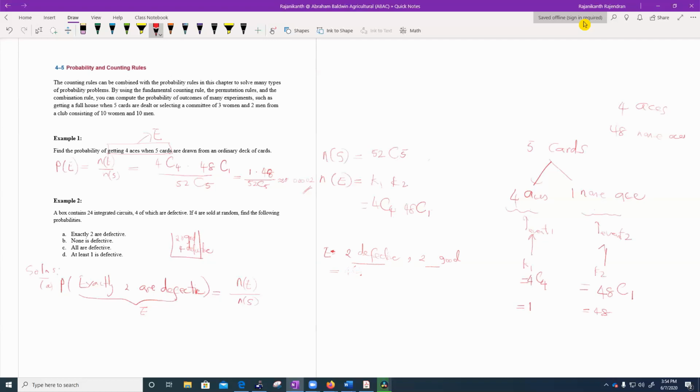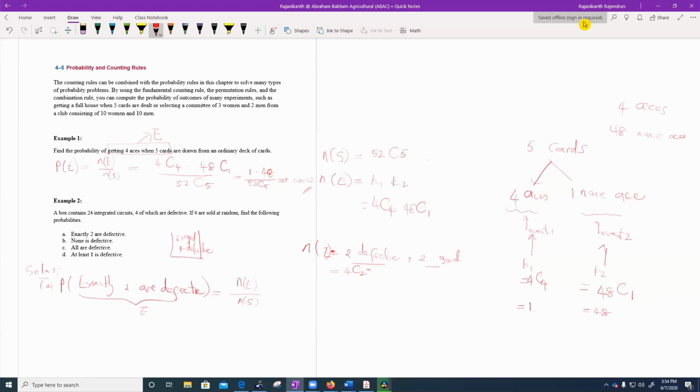So that is 4C2 ways, times, look at this one: in how many ways could you choose two good from the 20 goods?